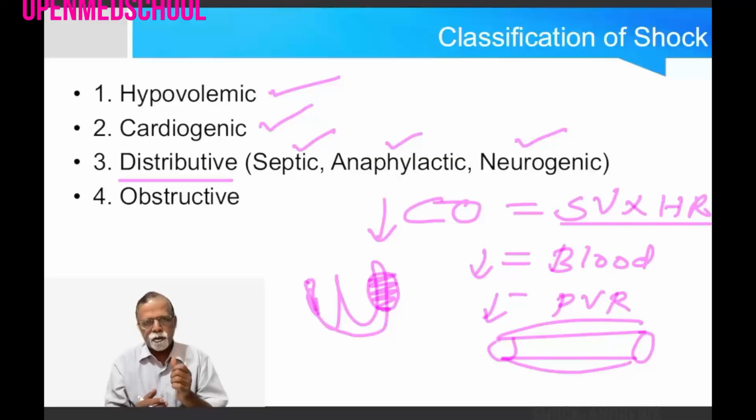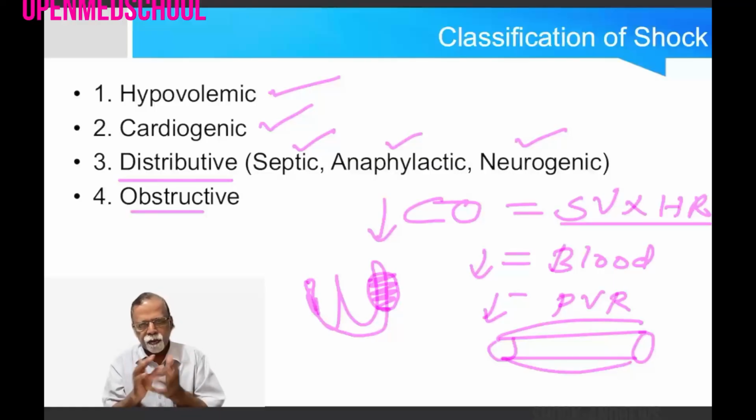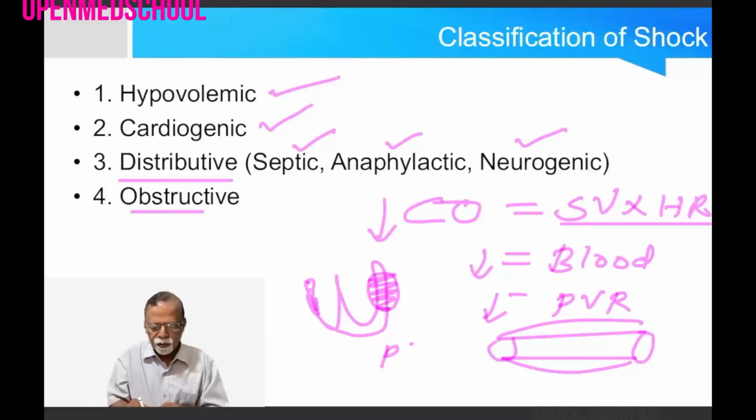So the major causes, remember, are septic shock, anaphylactic shock, and neurogenic shock. We'll come to that. Then comes obstructive shock. For example, there is a block in the vessels, or the heart is unable to pump the blood due to obstruction. For example, in pulmonary embolism, you can get what is called obstructive shock.